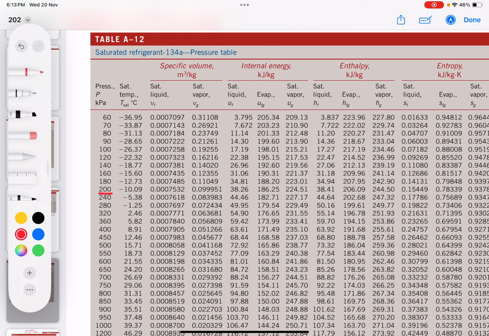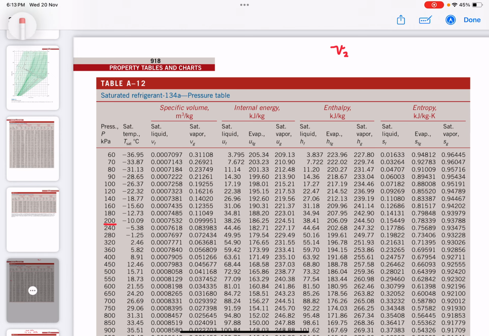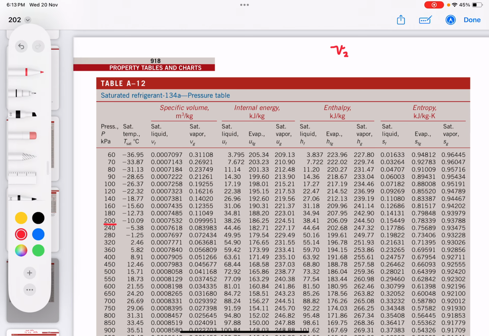So, to recap, from my calculation, I know that my specific volume equals 0.06161.